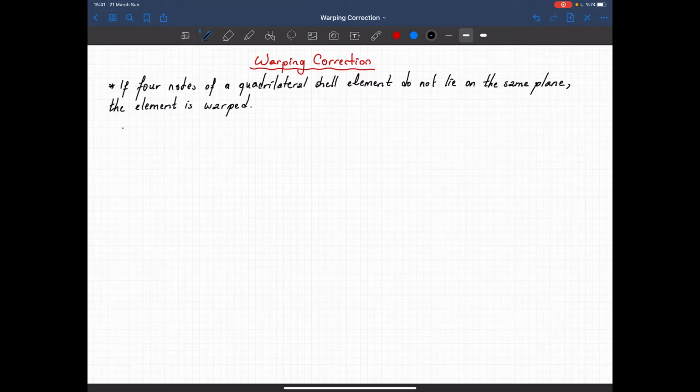So let's say I have a coordinate axis as follows: global coordinate system x, y, z. Let me draw the midplane first. And I will just draw the nodes as follows.